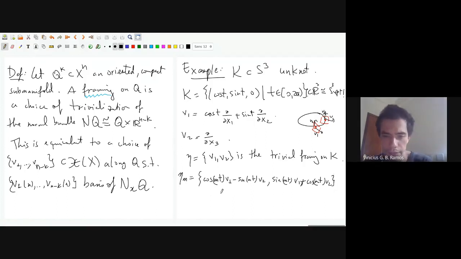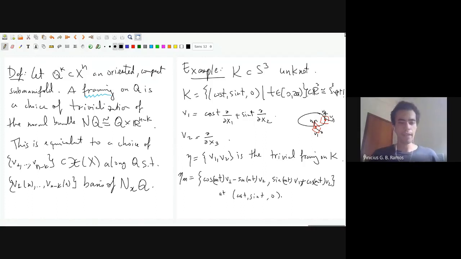So this is a vector field at the point (cosine t, sine t, 0). So as your t goes from 0 to 2 pi, so as you go around the unknot, you take your canonical basis in the space and you rotate it.